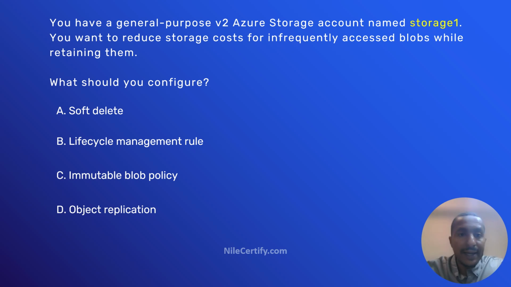Object replication creates copies of your data in another storage account, often across regions, which improves redundancy and availability. But replication actually increases cost instead of lowering it. In addition, it's not required in this question, so it's a wrong answer. And then the right answer would be lifecycle management rule.